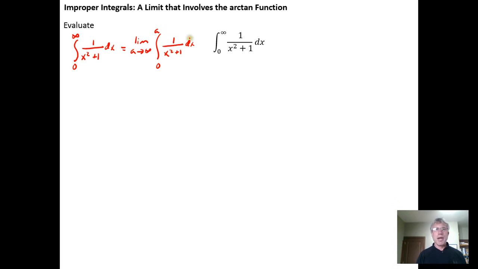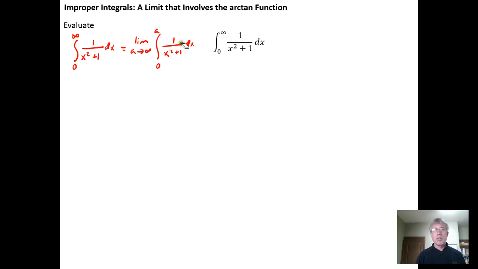So this is one that we already developed in Calc 1. This is actually the derivative of the arctan function. So when we integrate 1 over x squared plus 1, we get the arctan function. So one possibility is we remember this integral. Possibility number 2 is we look it up in a table of integrals, which was the subject of the previous homework assignment.